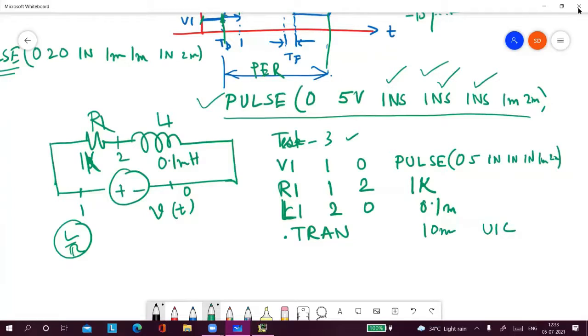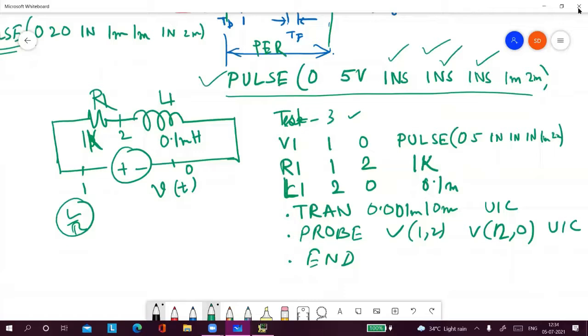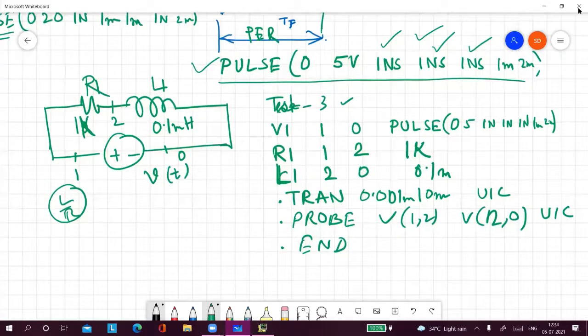Accordingly you calculate the increment; here we are considering approximately 10,000 points. Now let's program the same: dot probe, voltage across resistance, voltage across inductance, UIC, then dot end. This is how we can generate a pulse waveform in SPICE.